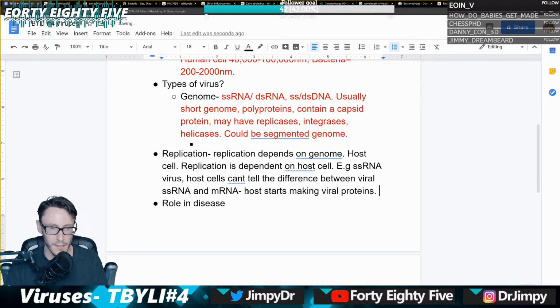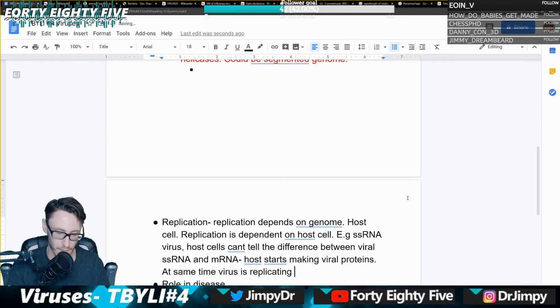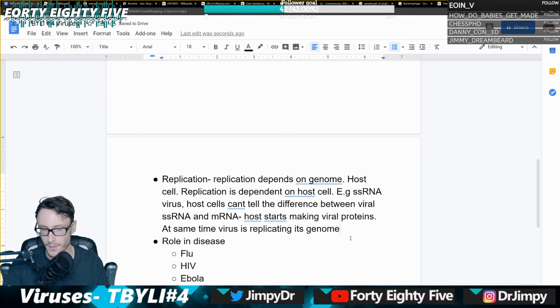Okay, so what happens at the same time? You've got a host cell that's making viral proteins. The virus might also have brought with it its own replicating enzymes, replicases. So at the same time, the virus is replicating its genome. You can see what's happening here, right?